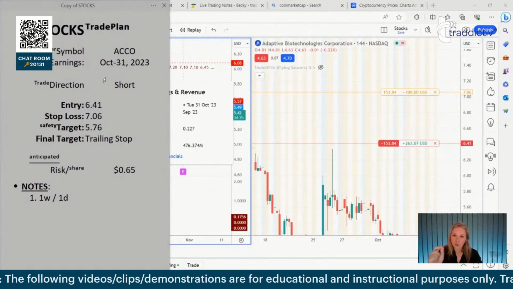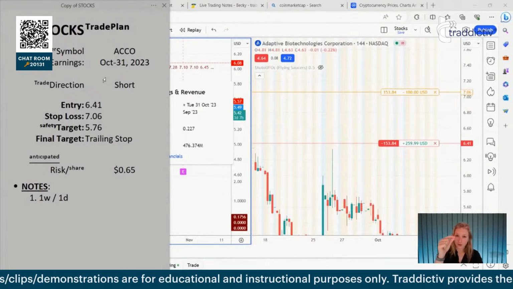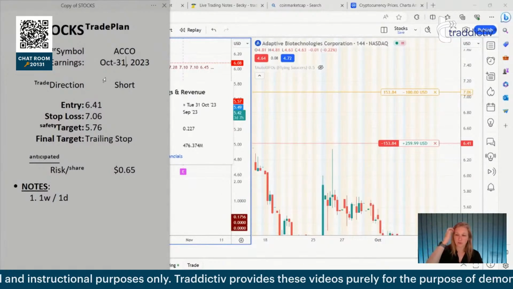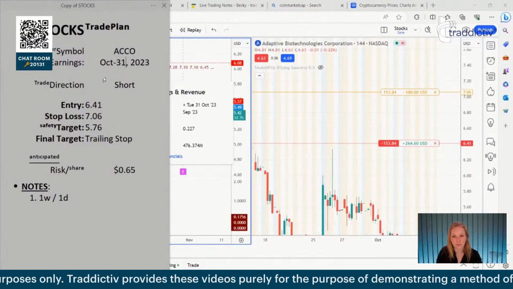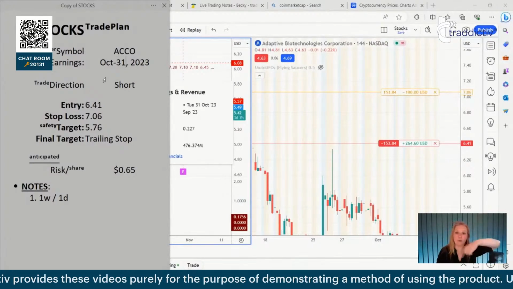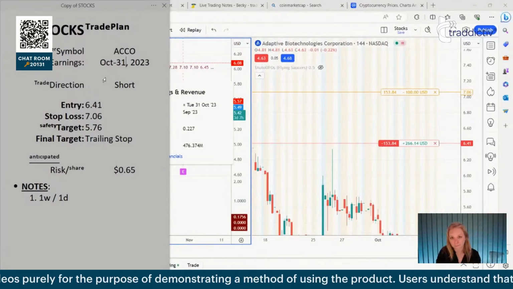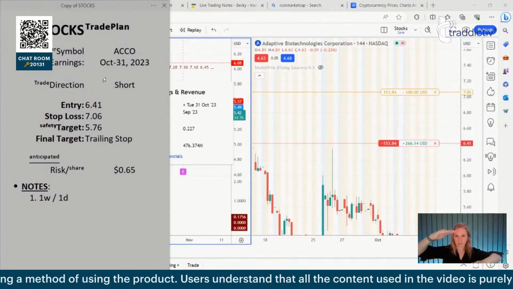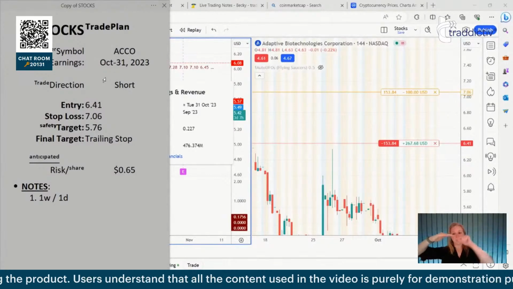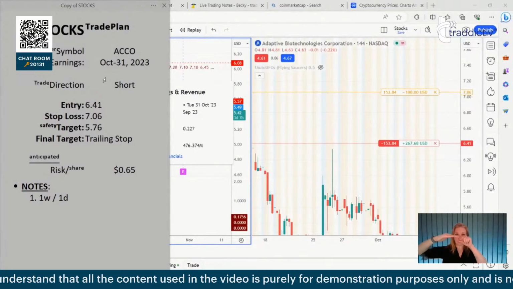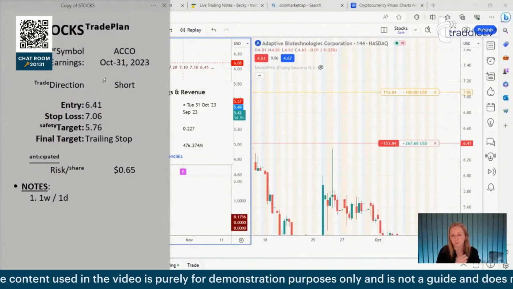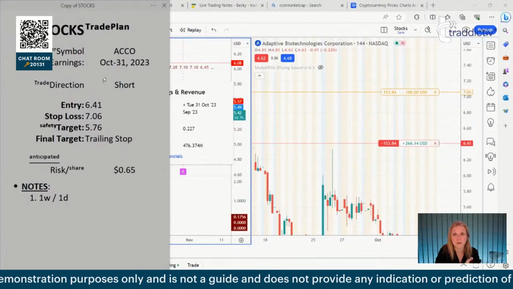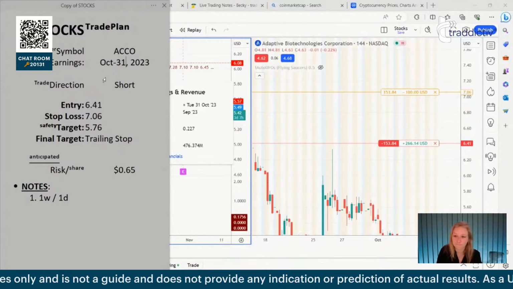If we're not in the trade yet and it's hovering by the entry, or we are in the trade and it's hovering by the entry or close to the stop, I'd say we just want to get out of that because the volatility may well move around a little bit and stop us out. But if we're far into profit, less likely that volatility is going to make price go all the way back up here. But if price is already here, volatility may well cause a small stop out. That would be what I would suggest. But again, it depends on how risk averse or risk tolerant you are.